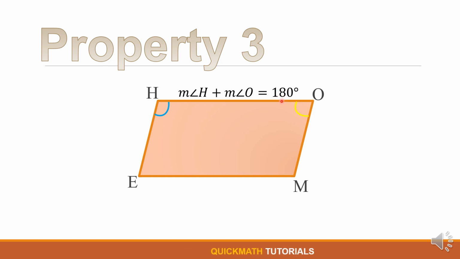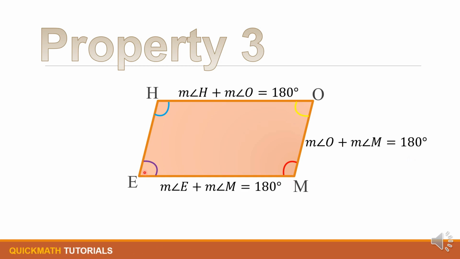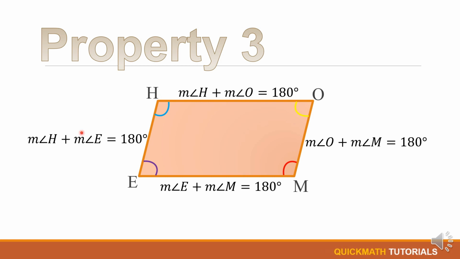Another consecutive angles are angle O and angle M. The sum of these two angles is equal to 180 degrees. Another, we have angle M and angle E. The same, which is equal to 180 degrees. And last, we have angle E and angle H. The sum of these two angles is equal to 180 degrees.